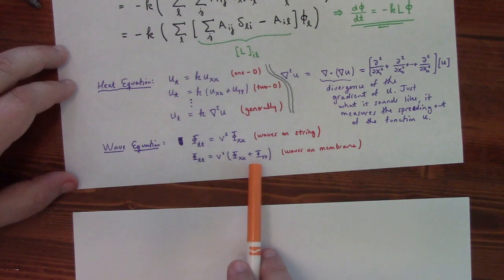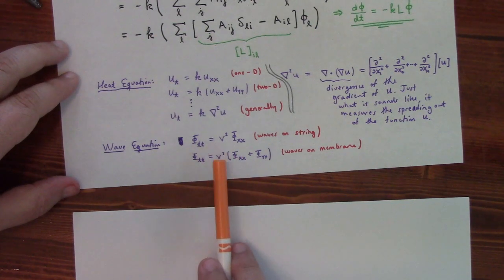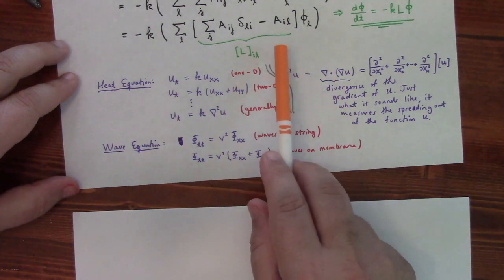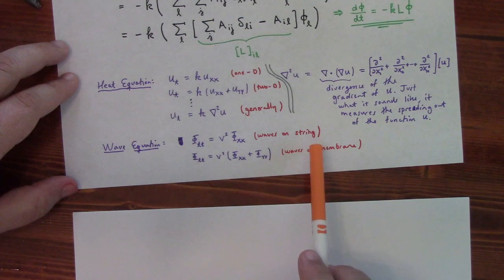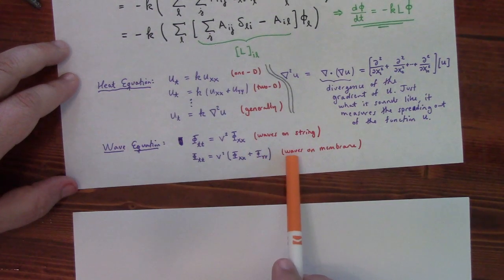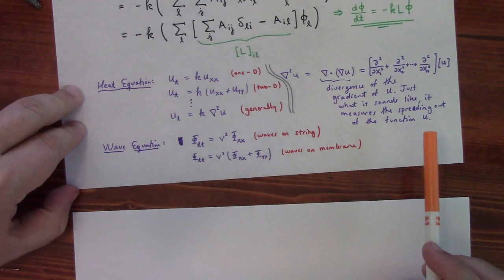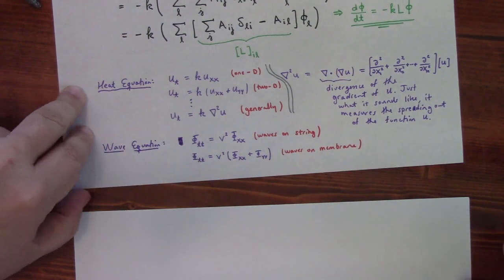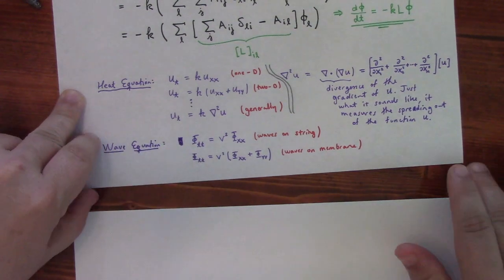So we shouldn't be surprised later when we see that the eigenvectors of the Laplacian correspond to some sort of discretization of eigensolutions to waves on a string or waves on a membrane. And we'll at least see the waves on the string one corresponding to the path graph, hopefully in a soon coming future talk. So I'm going to stop there for this one. Thanks, guys.